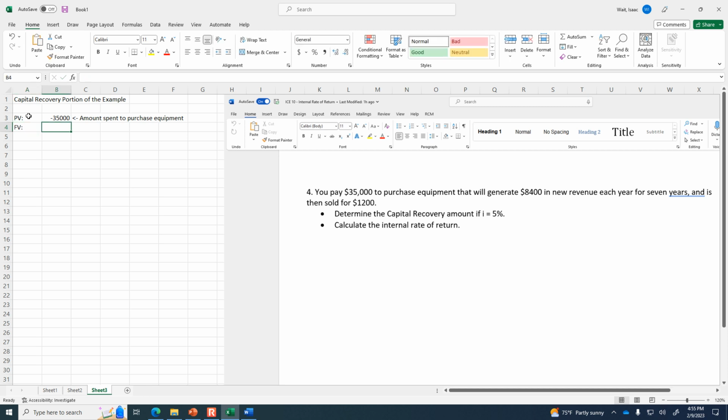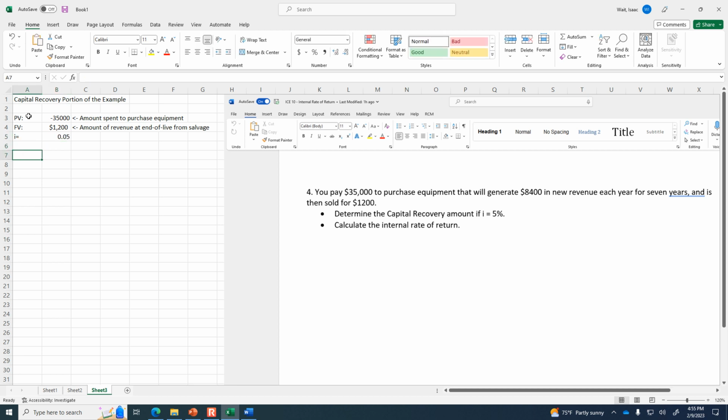It is $1,200. And then there's some interest rate that applies here, 5%.